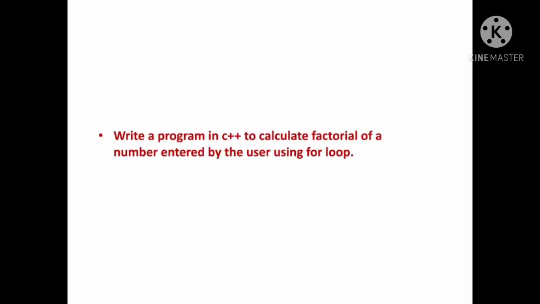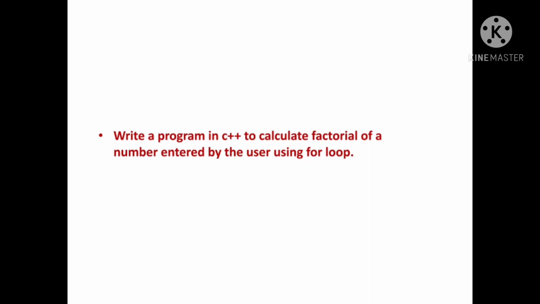Now, moving to the next practical, number 4. The aim of practical number 4 is to write a program in C++ to calculate the factorial of a number entered by the user using for loop. Before going to the code, first we'll understand what is factorial.